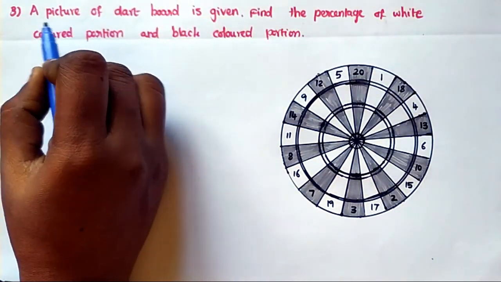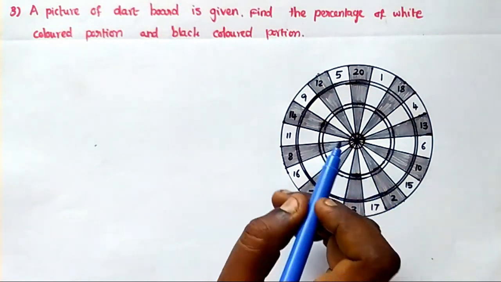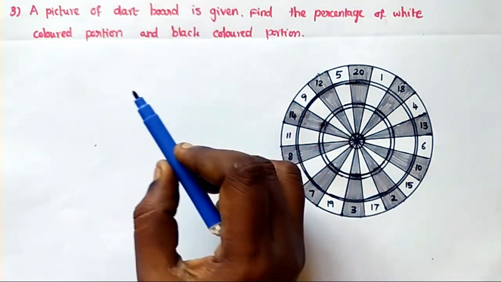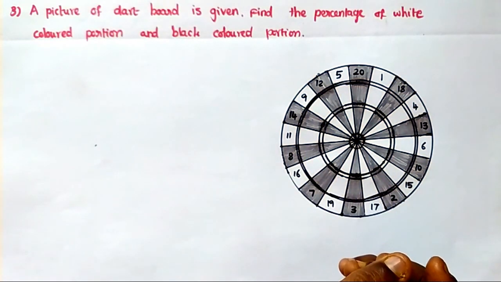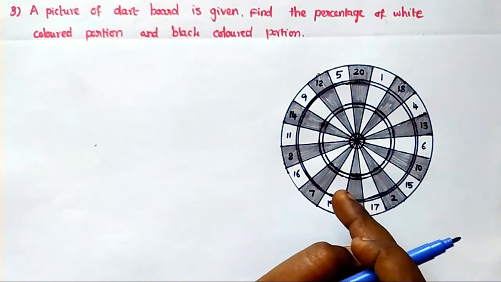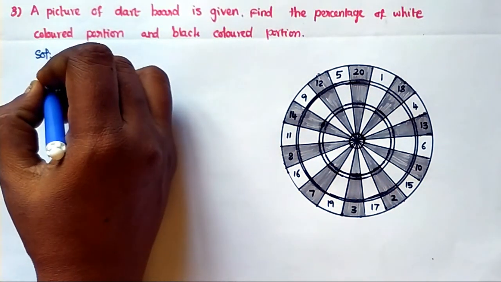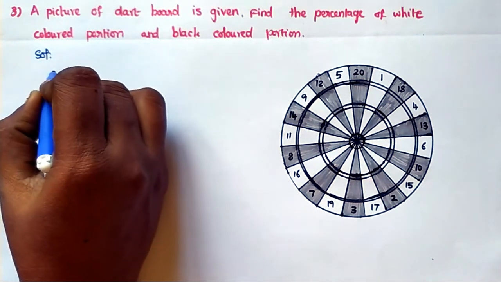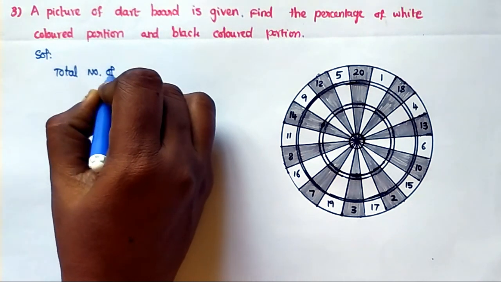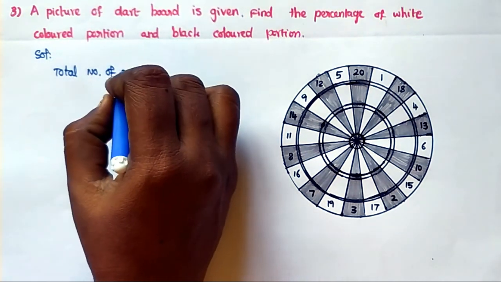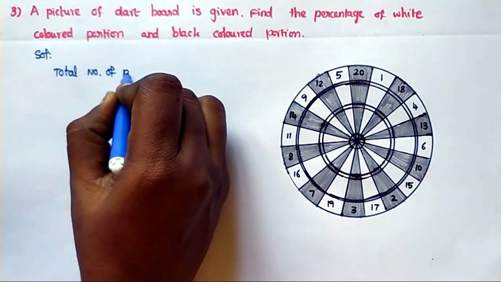Third sum, a picture of a dartboard is given. This is the dartboard. Find the percentage of white colored portion and black colored portion. Listen. First, we have to find out the total number of portions.